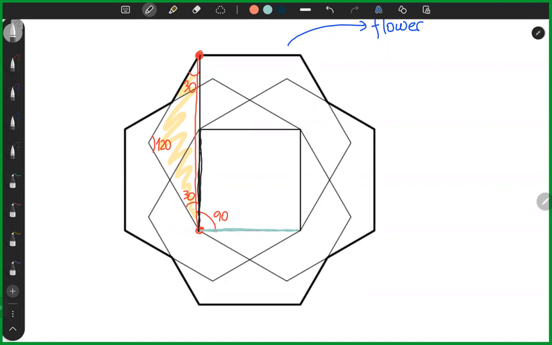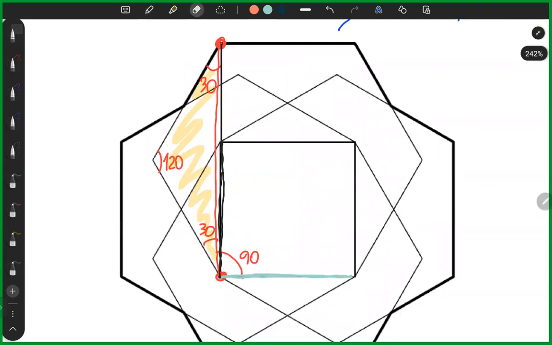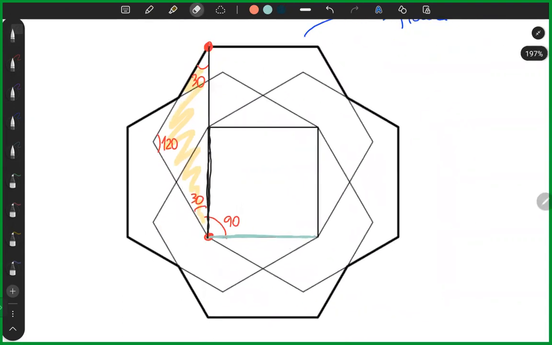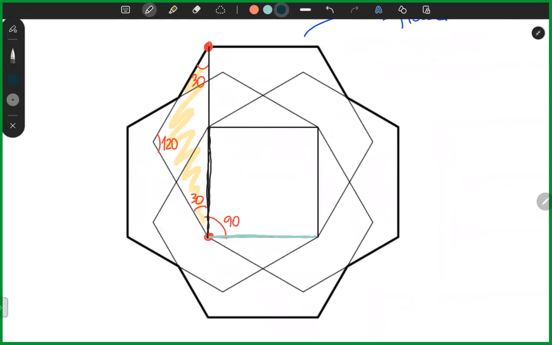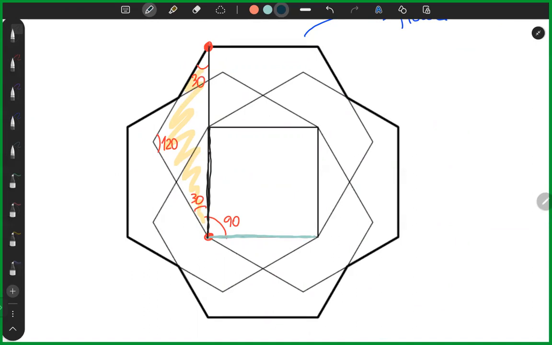Now, if I get rid of this red line, I can safely say that when I extend one side of the square, it has to pass through one corner of the hexagon, and these are vertical, so this side is parallel to this side here and also parallel to this side here.